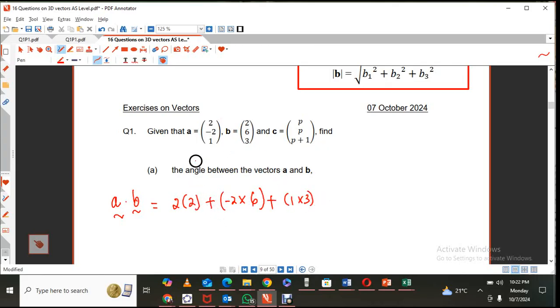Maybe it's best if I write it in this way, then it's easier for you to follow what I'm doing. Of course, you grab your calculator, and this will give you negative 5.